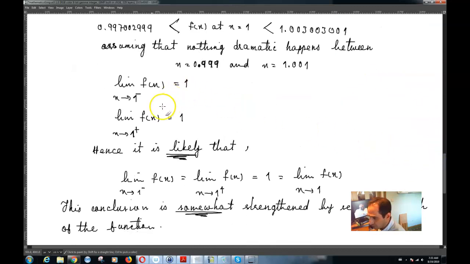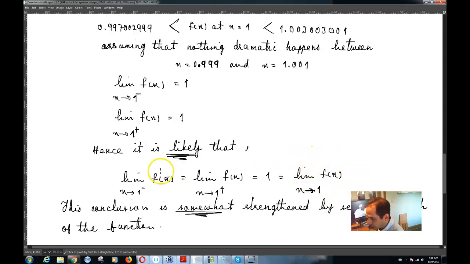So we said that the limit of f of x as x tends to 1 from the right is equal to 1, and then we said that it's likely that the limit of f of x as x tends to 1 from the left is equal to the limit of f of x as x tends to 1 from the right, both of which are equal to 1, which we took as the limit of f of x as x tends to 1.